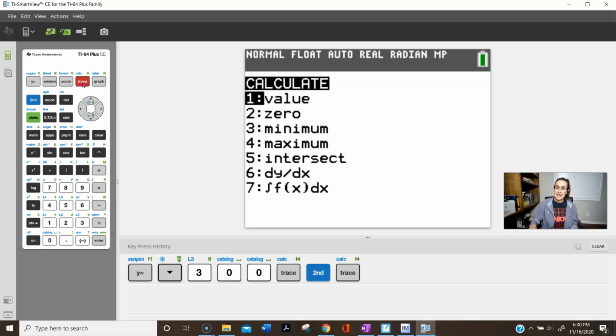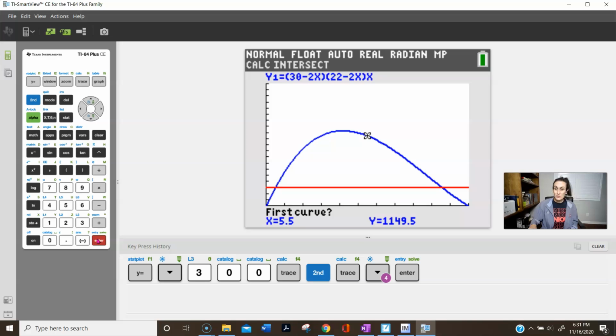And then you go down to intercept, so number 5. And you can arrow down to number 5 and hit enter, or you can just type the number 5. And then let's left arrow all the way up and around, left arrow, and we're going to get close to this intersection.